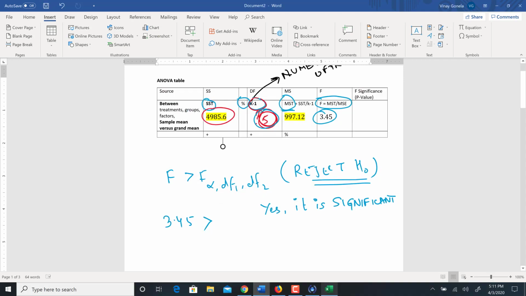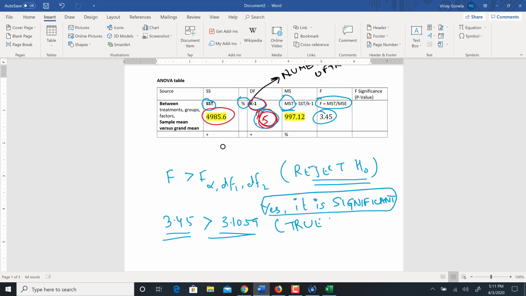So is this statement true? This is a true statement. That means yes, it is significant.